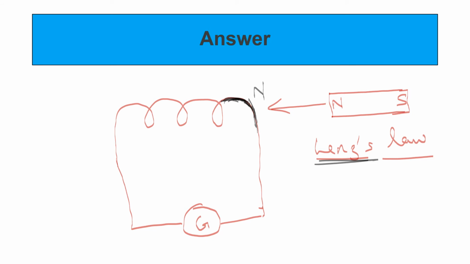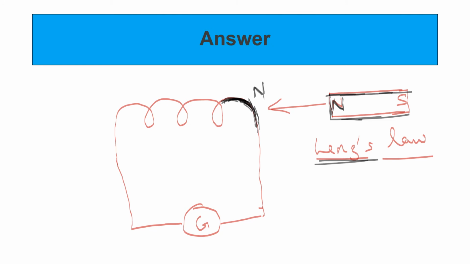The polarity of this face means the face which is closer to the magnet, or the face which is facing this bar magnet. This face should have the polarity N. Why? Because this is also N. We know like poles will repel each other and unlike poles will attract each other.